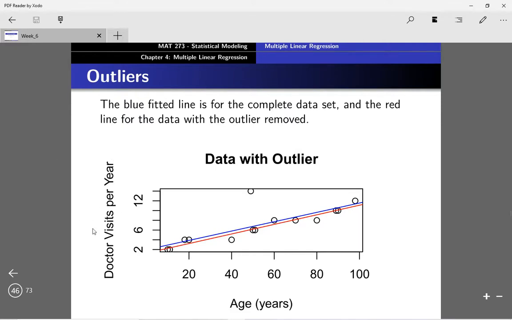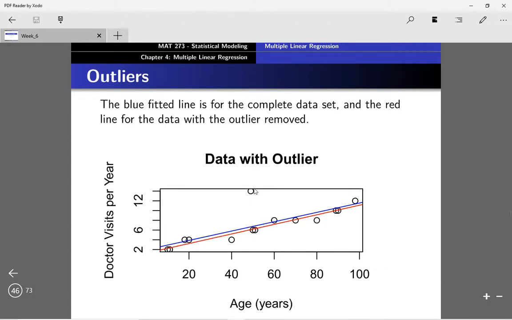the number of times they visit the doctor per year. As people are getting older, they're visiting the doctor much more frequently. This is a good example of a point that is not influential, but it is an outlier.